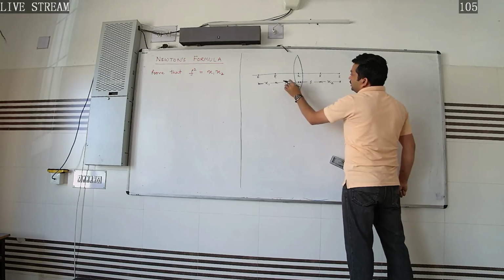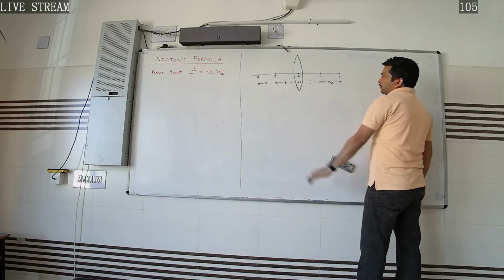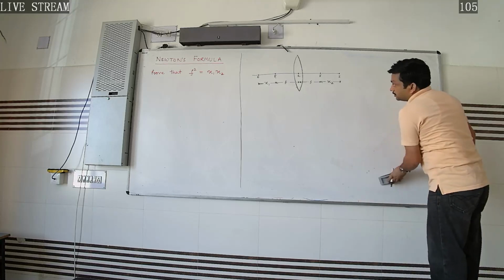Here we have considered an equiconvex lens, so the focal length is denoted by f.